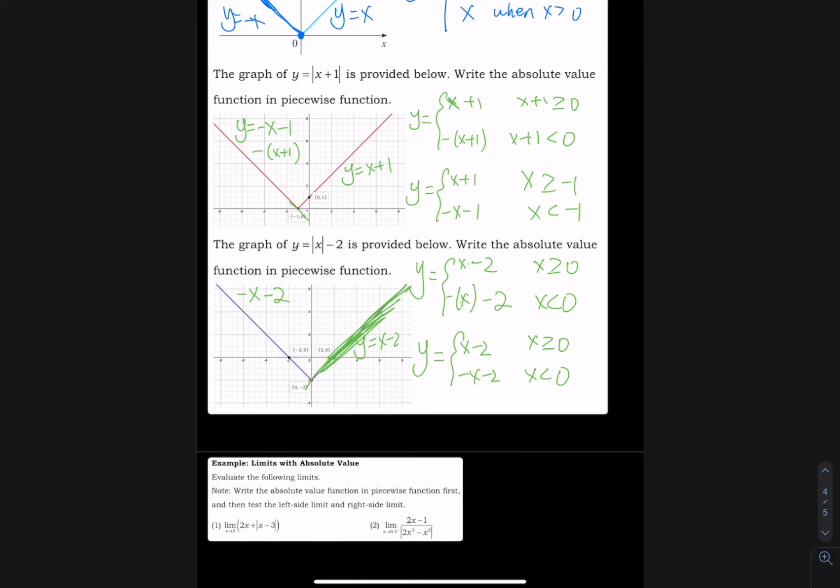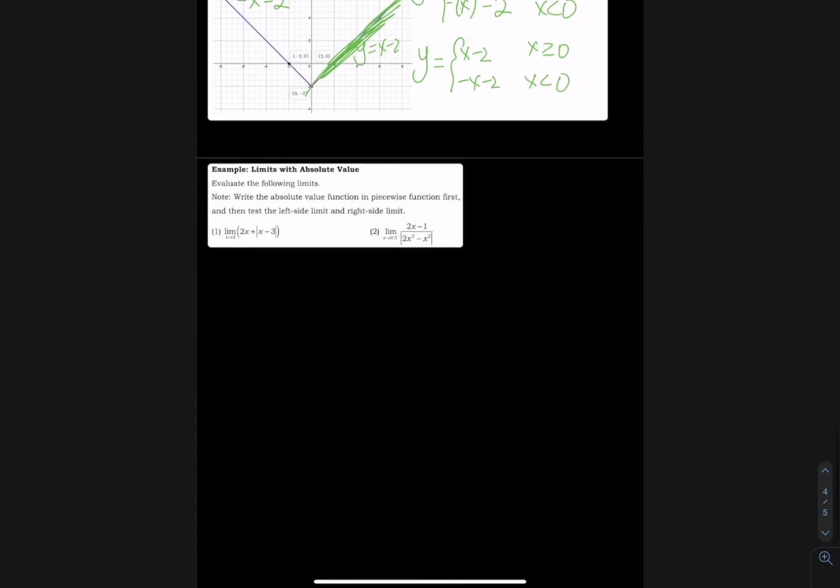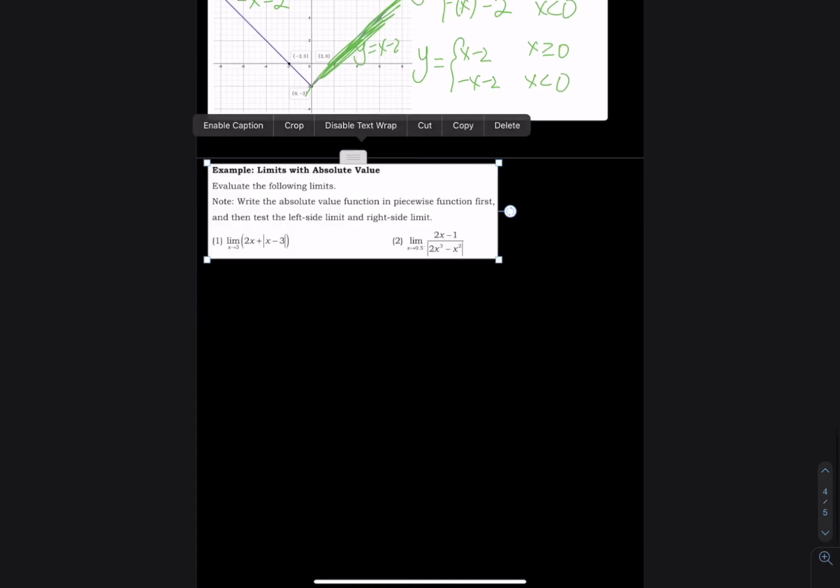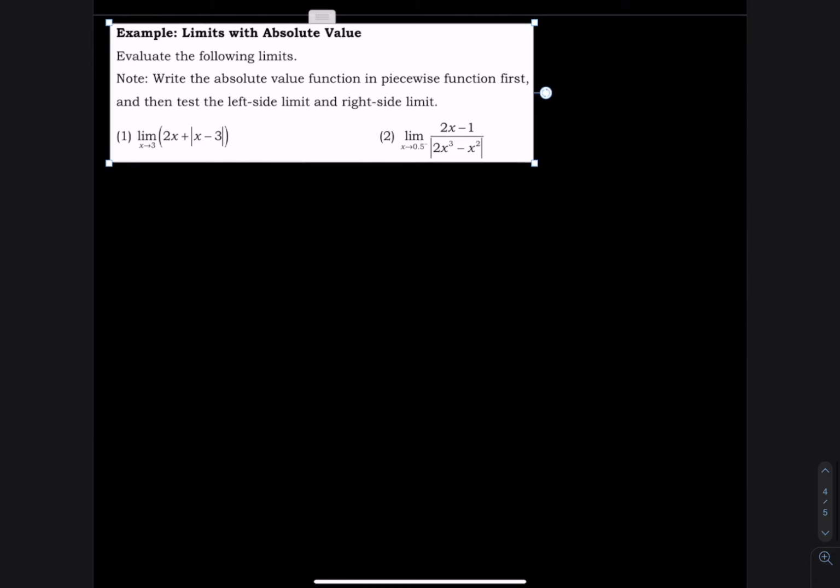But that is not the purpose of this section. The purpose of this section is we want to find the limit with absolute value. This type of problem is really not fun. All right, I don't like this problem too much. So first step is you have to write the absolute value into piecewise. So number one, we have to write the absolute value of x minus 3 into two pieces.